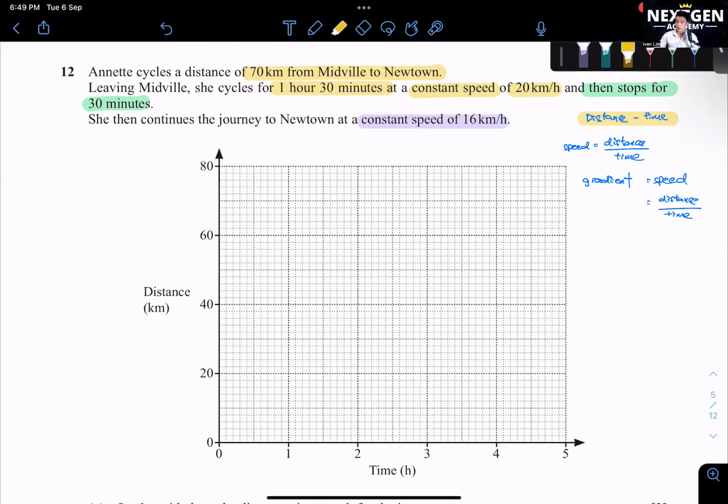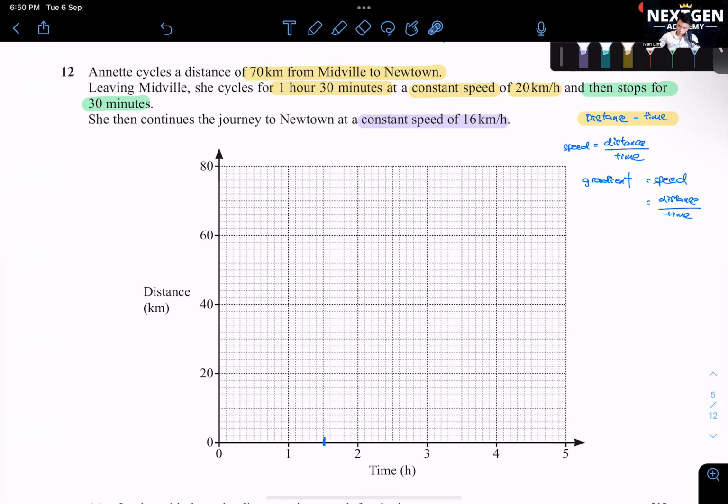Okay, so let's see how this works. Annette cycles. Leaving Midville, she cycles for 1 hour 30 minutes at a constant speed of 20 km per hour. So what do we need to find here first?